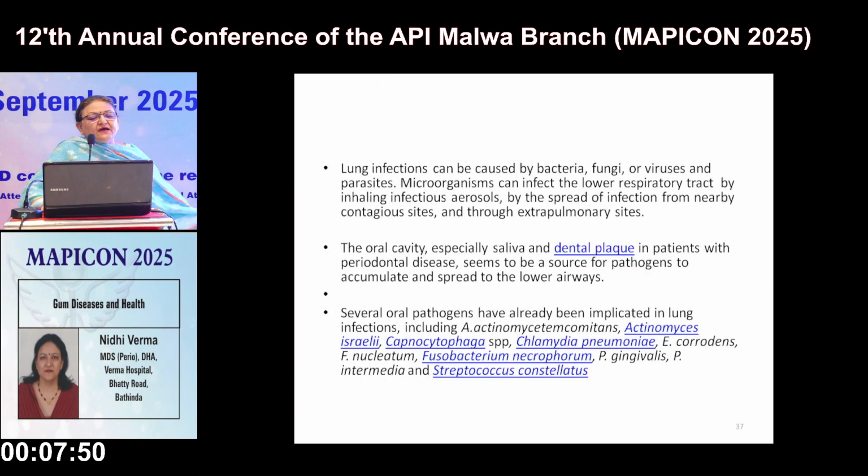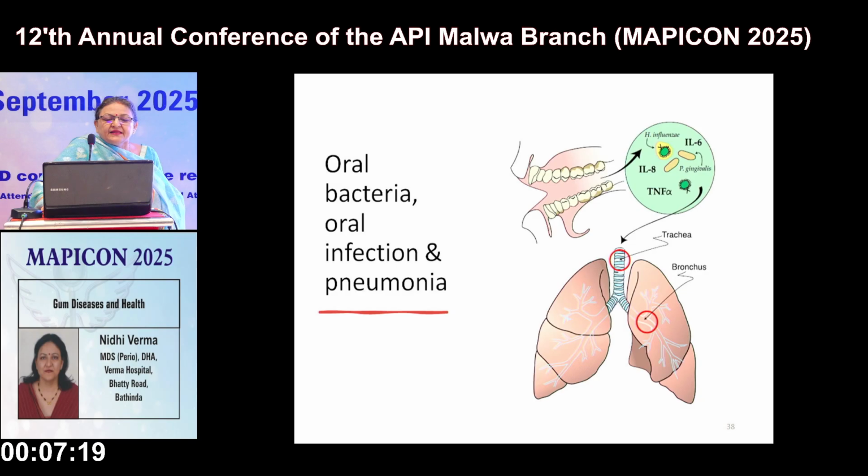As we all know, lung infections are caused by bacteria, fungi, viruses, parasites, and microorganisms which infect the lower respiratory tract by inhaling infectious aerosols or by spread of infection from nearby contiguous sites. The oral cavity, saliva, and dental plaque in patients with periodontal disease seem to be a source for pathogens to accumulate and spread to the lower airways, and several oral pathogens are involved in this. This can lead to pneumonia.